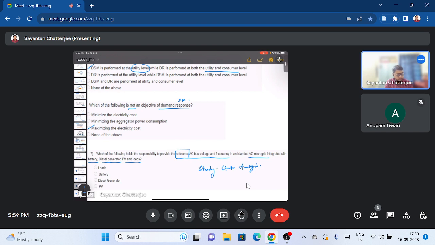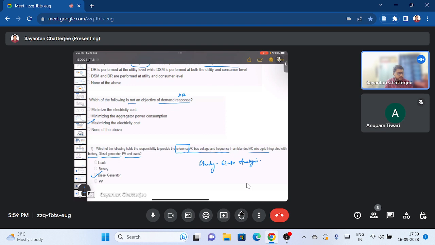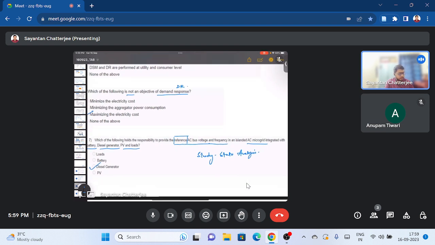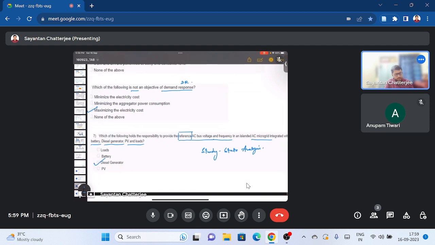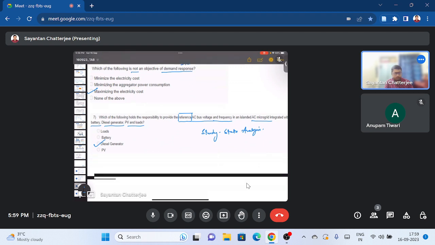Yes, it is the diesel generator. This load flow activity needs to be done. For that, the reference AC bus voltage and frequency is maintained for all these things, PV, loads. That is, the diesel generator is being considered.